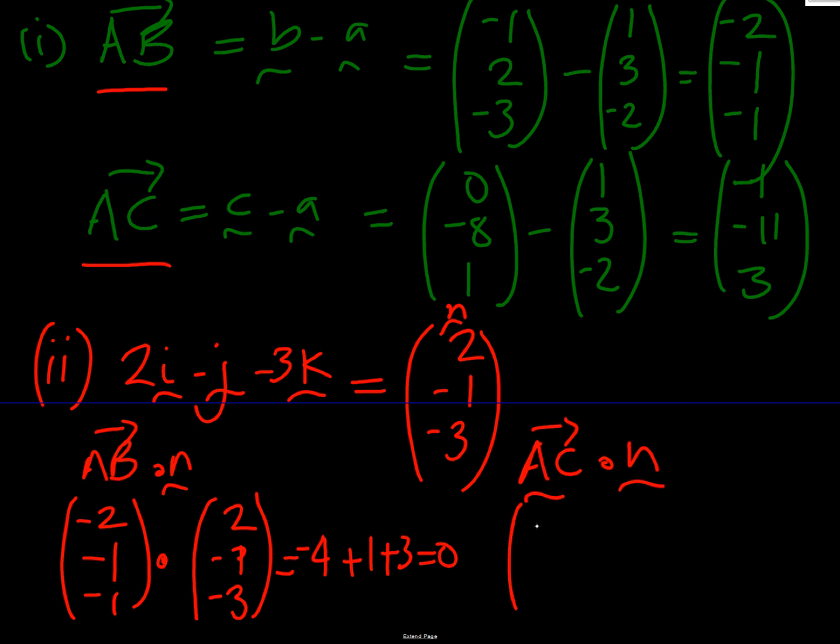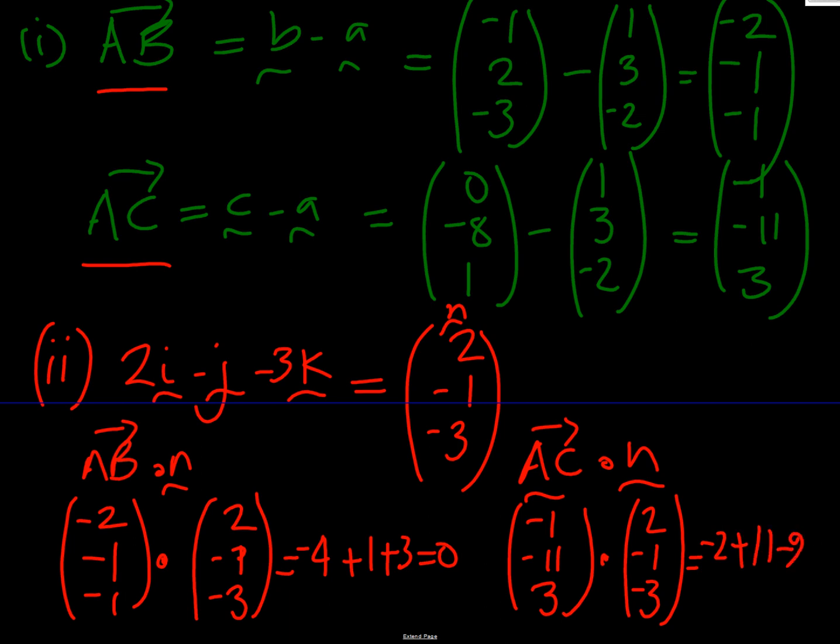And now let's do AC dot with n. So now I've got -1, -11, +3, dotted with the normal vector again, 2, -1, -3. So what have I got? My x, I get a -2. My y, I get a +11. My z, I get a -9.